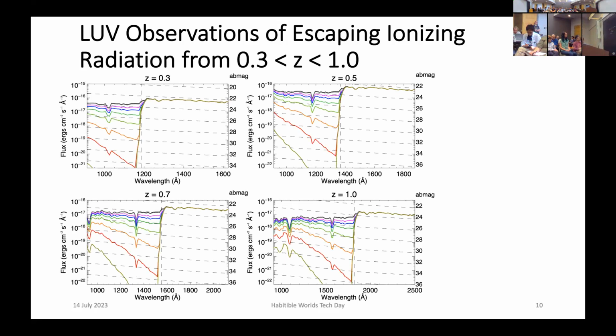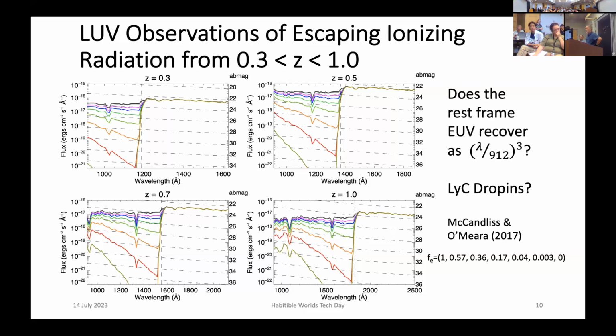And you can see that there's an enormous amount of information in the far ultraviolet going down below 1200 angstroms as you go further out. And one of the things that I'm very interested in is whether or not the EUV radiation recovers as lambda cubed as you go to shorter and shorter wavelengths.